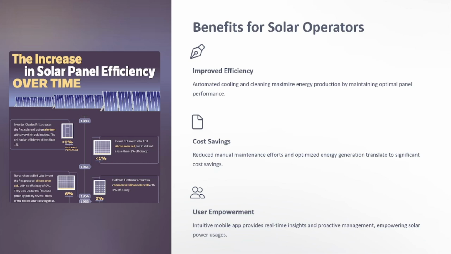And reduce the manual maintenance cost, right? The next thing is cost savings. You can see here the cost savings, reduced manual maintenance, and user empowerment, because if these things can be done seamlessly, the rest of the users are also empowered and motivated.